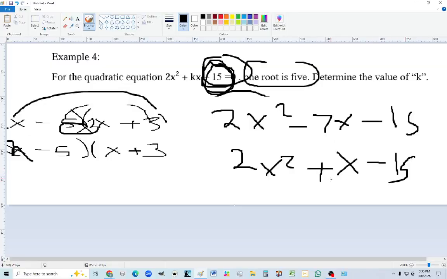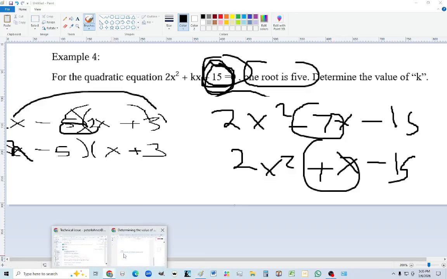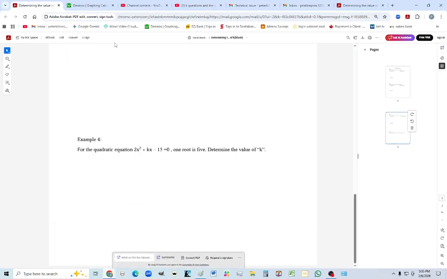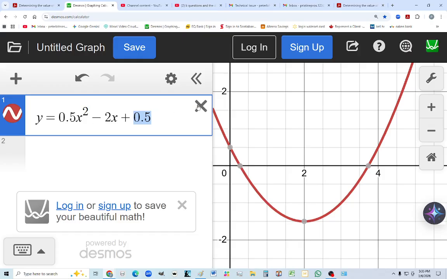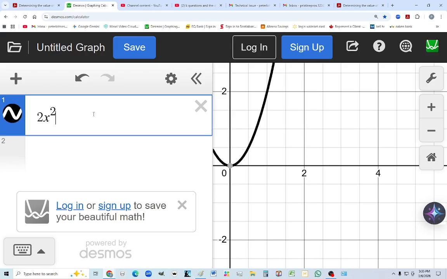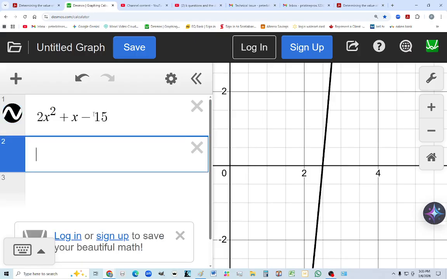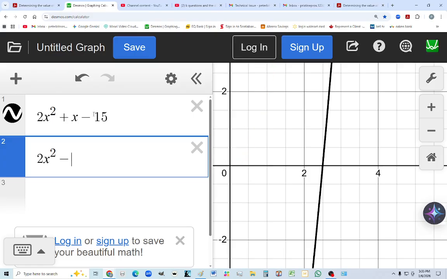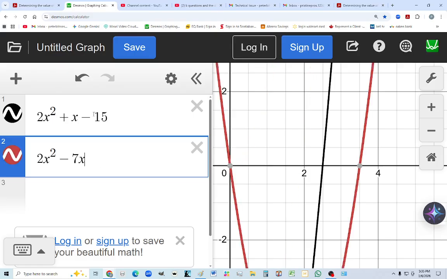So I guess our two possible answers are k is minus 7 or k is 1. Let's see if that's true. It's either 2x squared plus x minus 15 or 2x squared minus 7x minus 15.